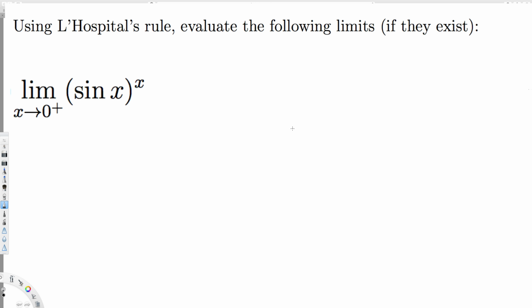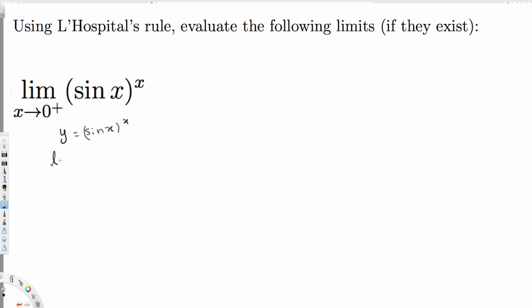So I have to find a way to handle this function. Let's say y is equal to sine x power x. What I can do is take ln on both sides to make it a simpler form.